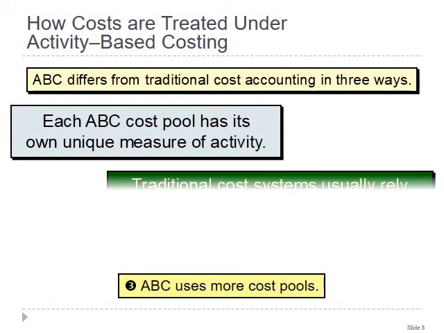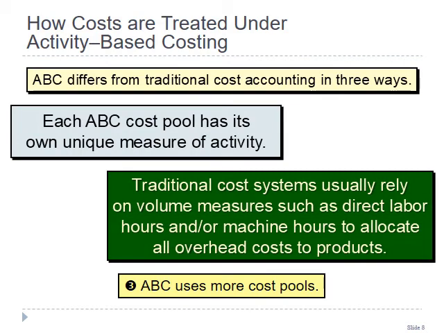To elaborate further, each activity has its own cost driver. Each ABC cost pool has its own unique measure of activity, whereas on the contrary, traditional costing systems usually rely on volume measures such as direct labor hours and machine hours to allocate all overhead costs to the product. Direct labor and machine hours work correctly when changes in the quantity of the base are correlated with changes in the overhead cost, right?